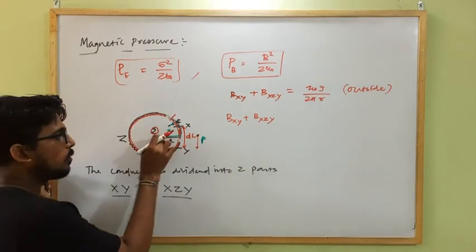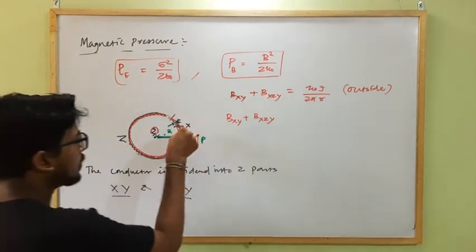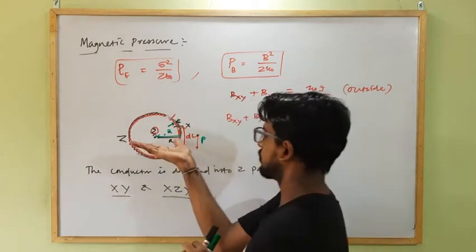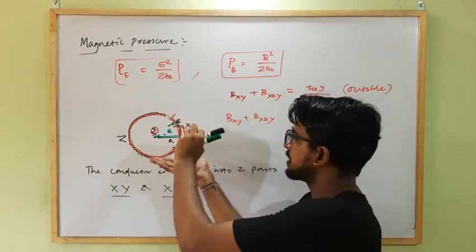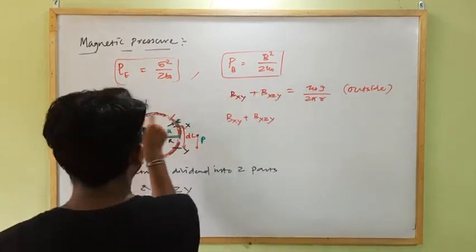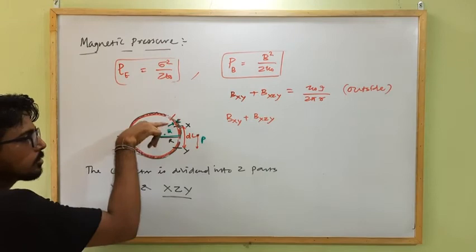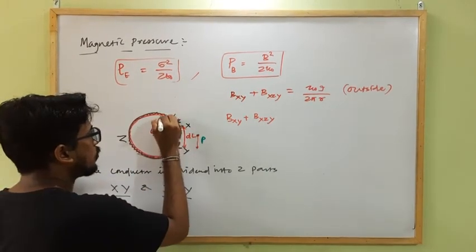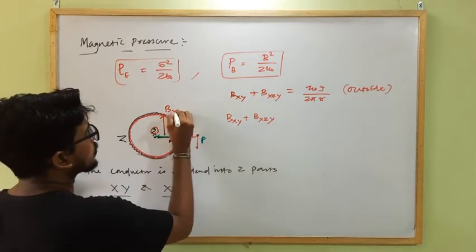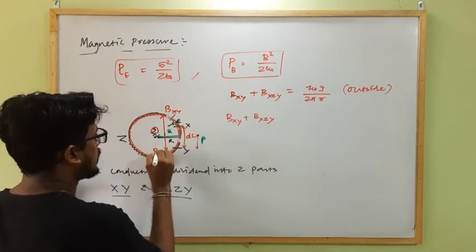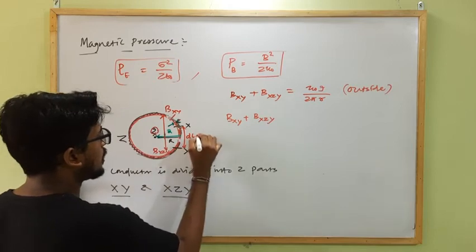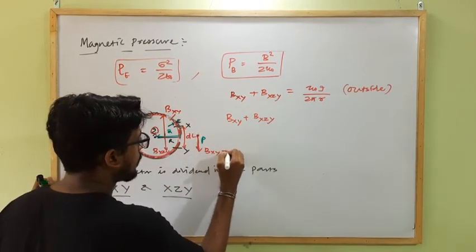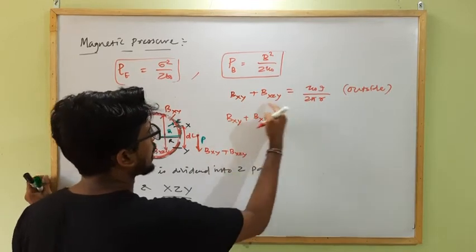But at Q, the current for the xy segment is into the plane and the position vector is at this point, so the field for xy is outward, while for xzy it is downward. These are in opposite directions.